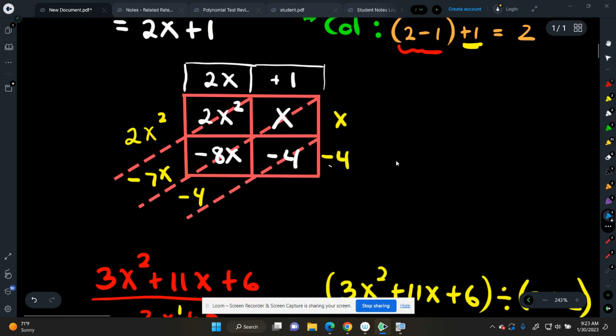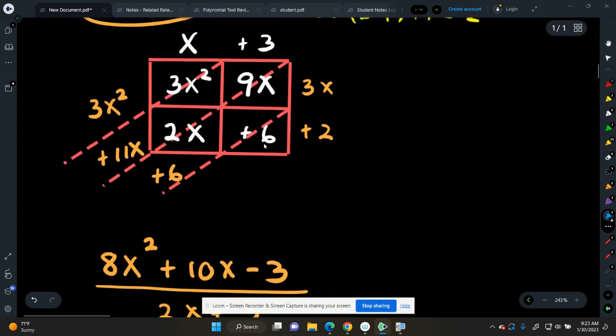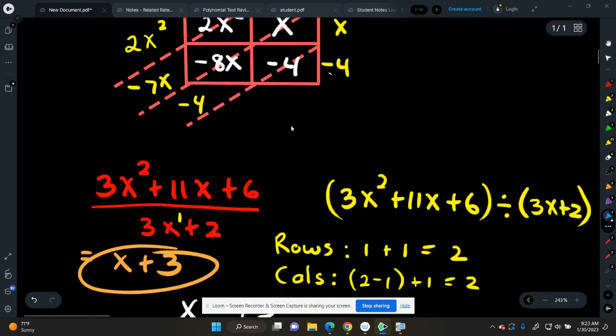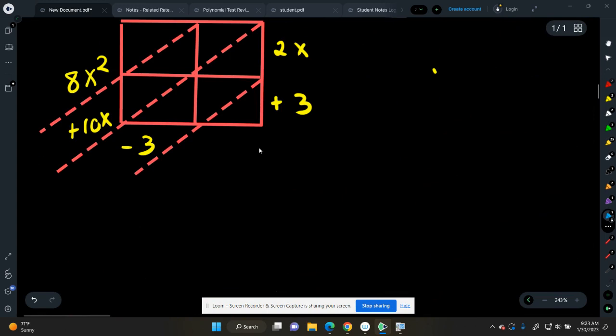Okay, where do you see a -4 on their screen? Tell me what that number is. And where do you see a 6 on the screen? On the diagonal. Is there a -4 on the diagonal? Okay. So what goes in that bottom right-hand corner? There you go.